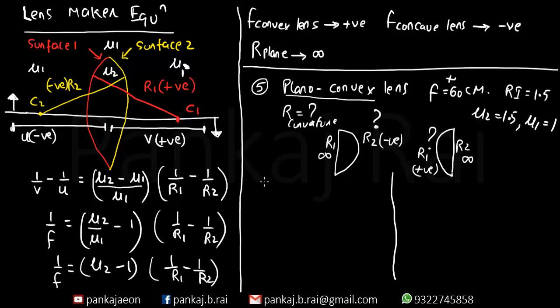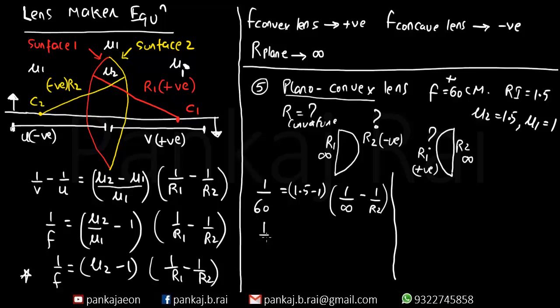Let me substitute here. 1 by f, which is positive, so 1 by 60 is equal to mu2 minus 1, so 1.5 minus 1, multiplied by 1 by r1, and in this case r1 is infinity, minus 1 by r2. When it is a variable we can't take the sign; when it is numerical we will take the sign.